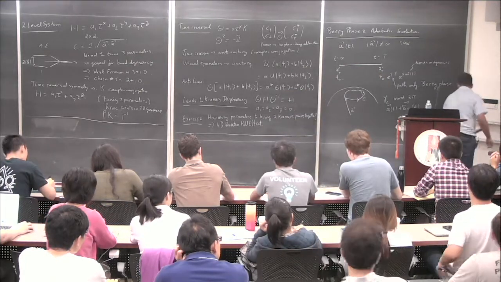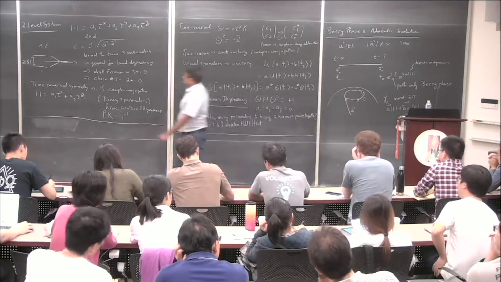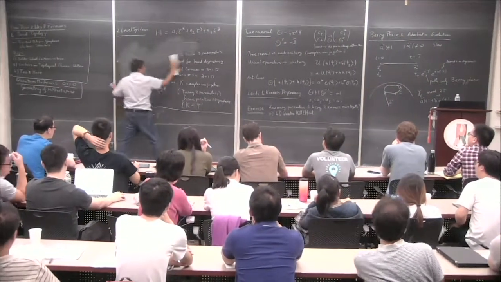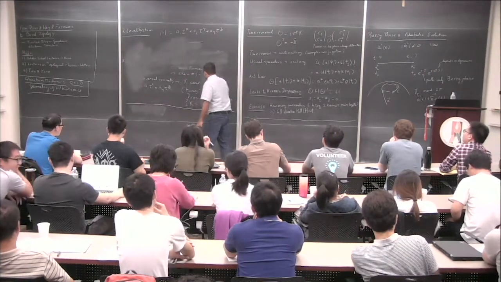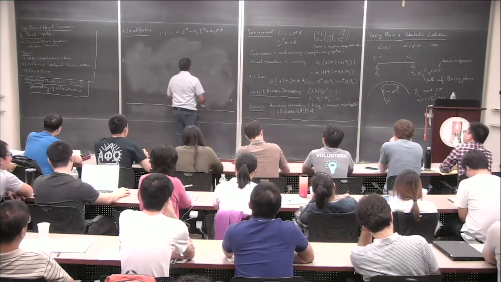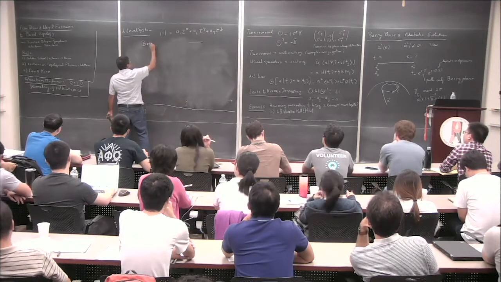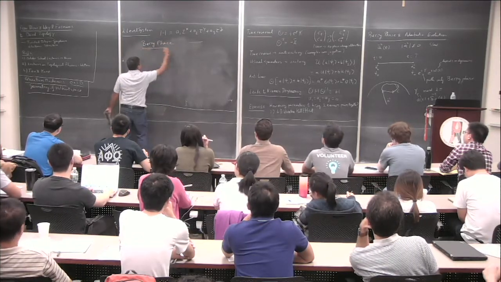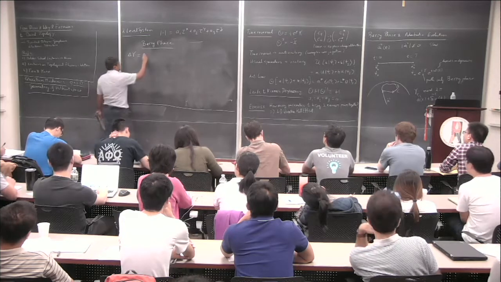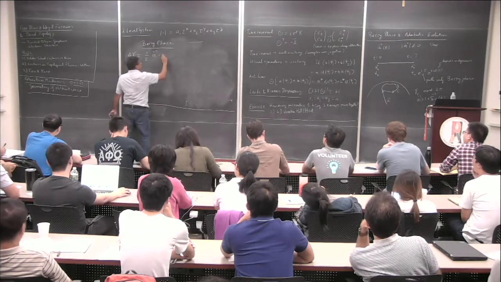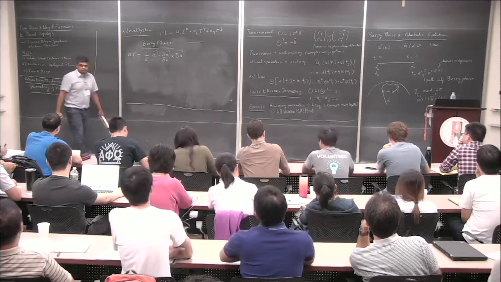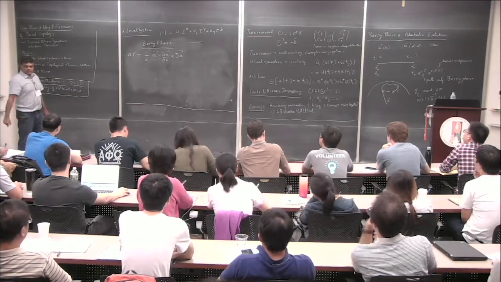But you can show that the difference in these two Berry phases, let me call it delta gamma, is just a triple product.